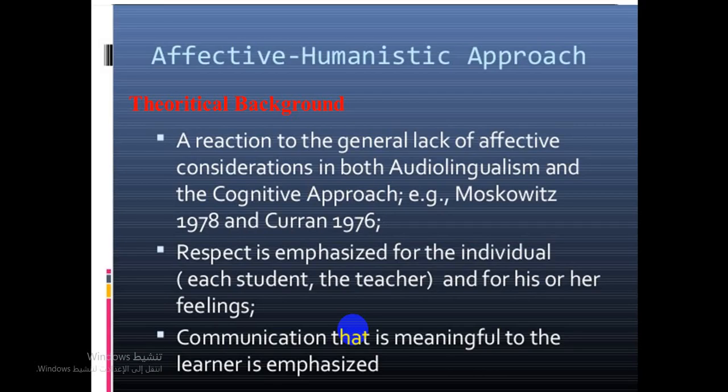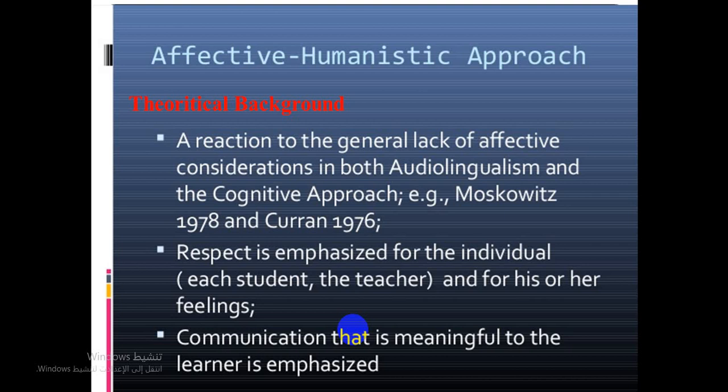Theoretical background of the affective humanistic approach: language learning is a process of self-realization. Respect for each individual's feelings is emphasized, for both teacher and students. Class atmosphere is more important than methods or materials.